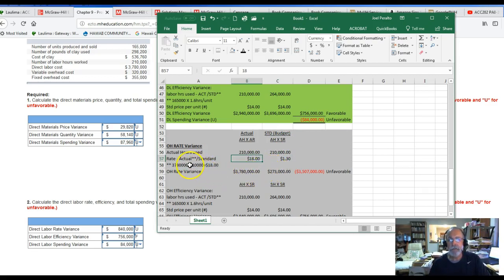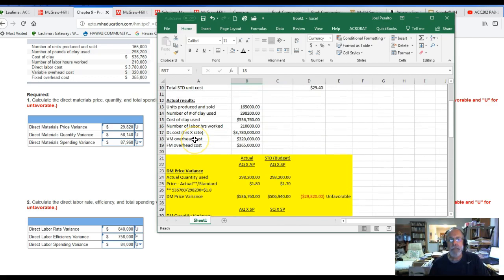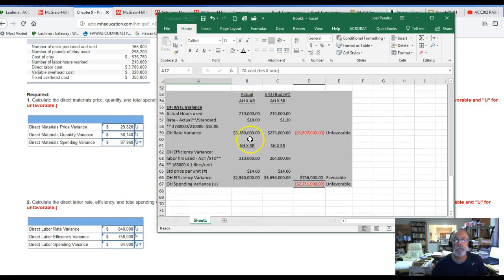and to get that we calculate based on variable overhead cost, 320,000 divided by number of labor. Actually, what I should do here to make this a little clearer is say labor slash overhead hours worked. So we divide it by the total labor hours or overhead hours of 210,000. So that's 320 divided by 210.